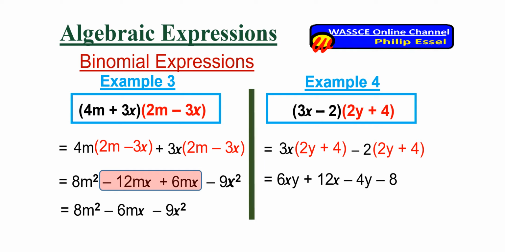And again, when negative 2 multiplies 4, you get negative 8. In this expression, 6xy plus 12x minus 4y minus 8, it looks like we do not have like terms, so we would have to leave that as our final answer.